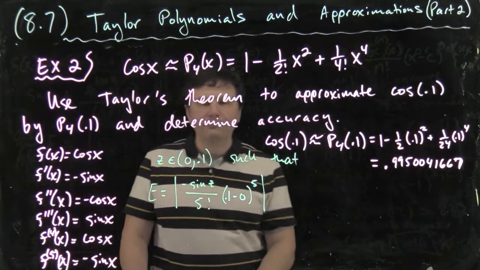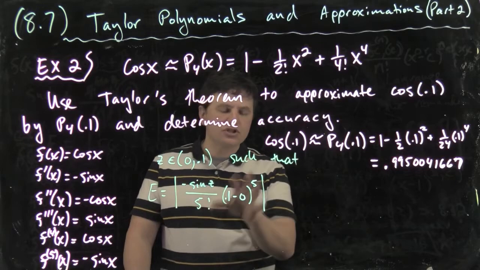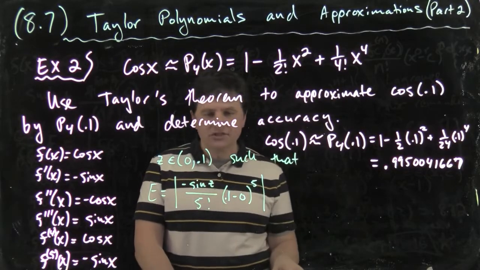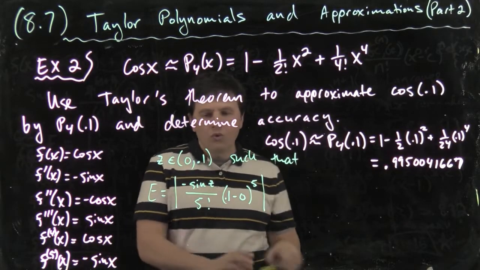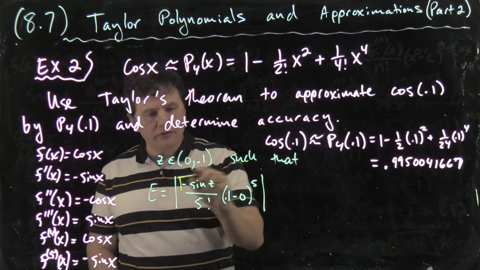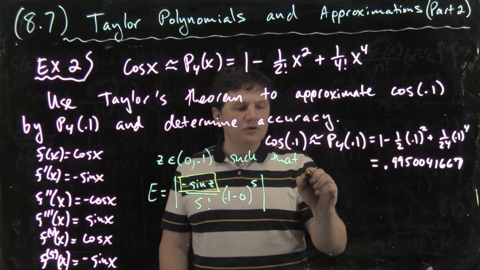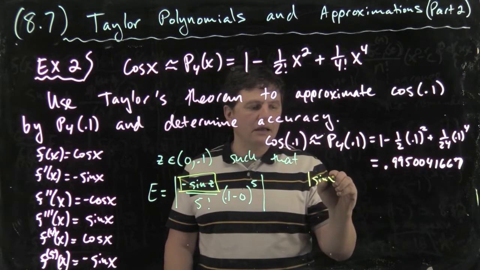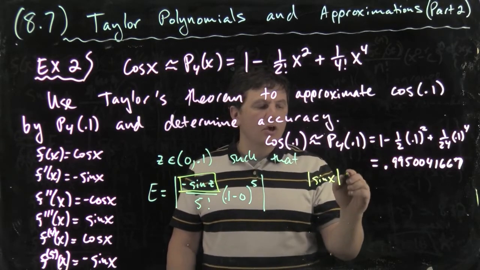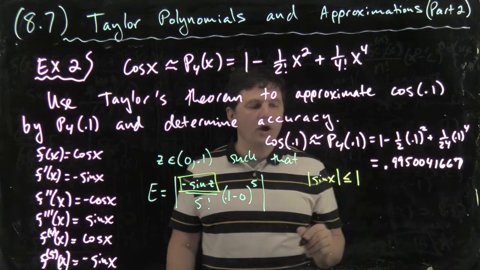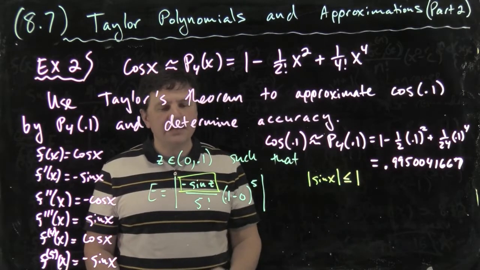We know that exists. Now, here's the thing. Just like we did last time, we're going to maximize this term. When we have sine or cosine, and realize we're taking the absolute value, the absolute value of sine x or cosine x is always less than or equal to 1. So we don't have to focus on finding the z.